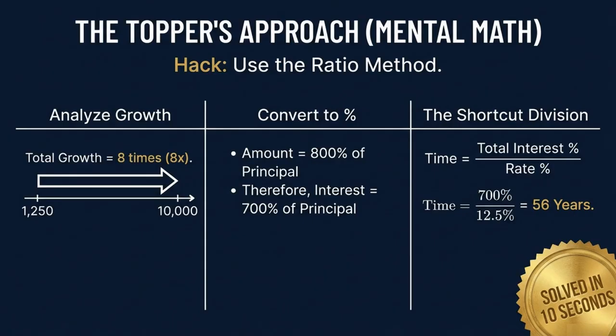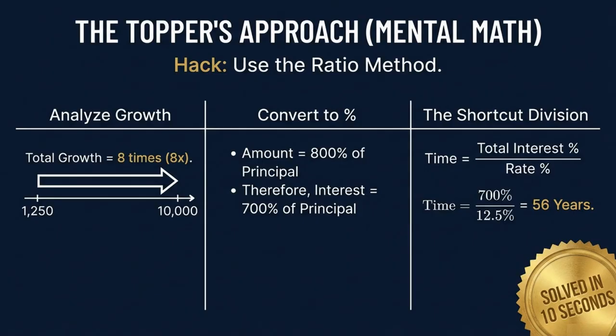Now let's talk about how toppers think and why they solve the same question in under 10 seconds. Here's the hack. Use the ratio method. Start with the growth. The amount grows from 1,250 to 10,000. That's 8 times. If the amount is 800% of the principal, then the interest is the extra 700%.